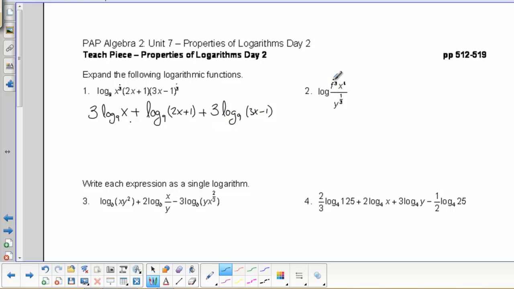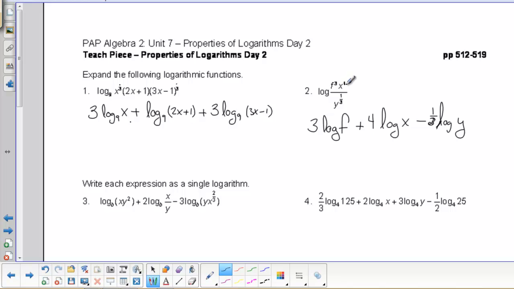Question number 2. We've got log base 10. Remember, if it's not written, it's base 10. So that's going to be 3 log base 10 of f plus 4 log base 10 of x minus 1/3 log base 10 of y.